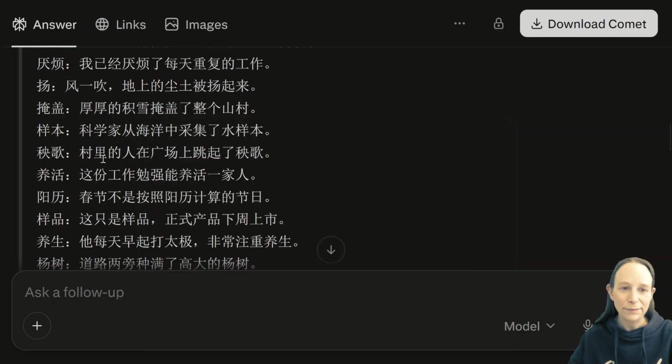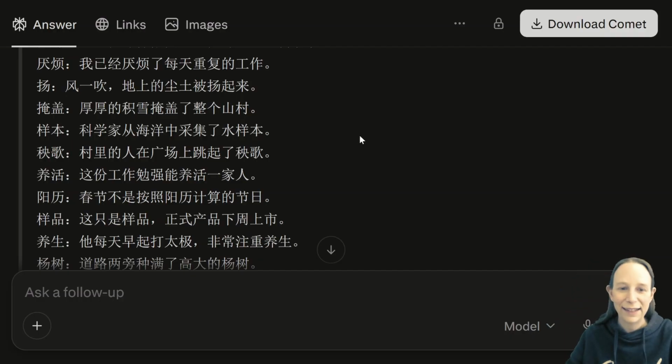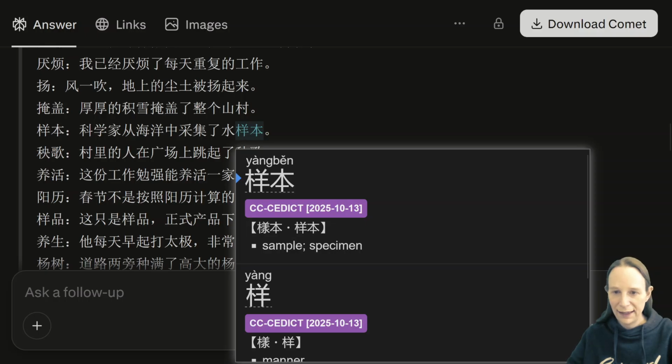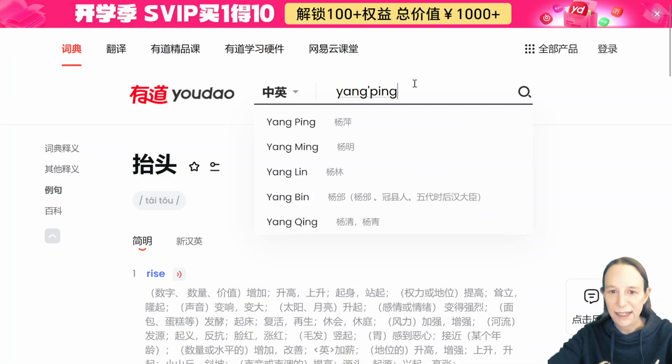Okay, yeah. 样本. Yangben is a sample. So, for example, you're like a scientist or something, and you want to take a sample. You will do this. 科学家从海洋中采集了水样本. Yeah, so a water sample from the ocean. Yeah, 样本. So you need to differentiate this from 样品.